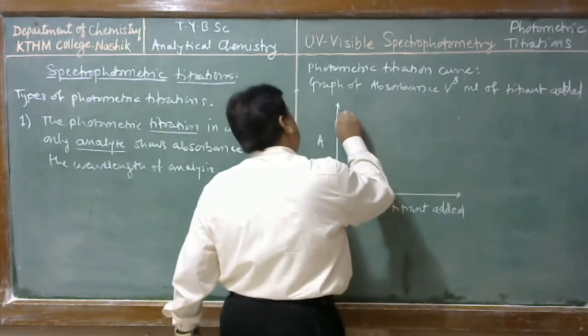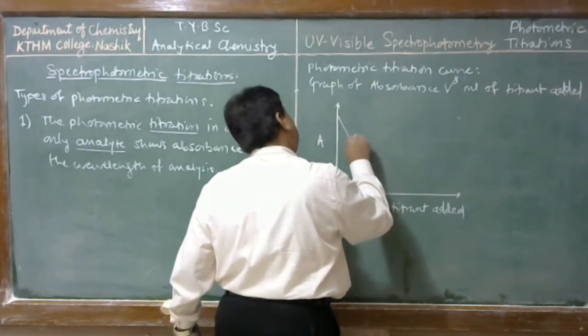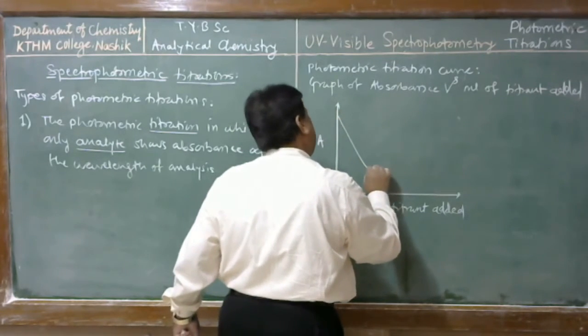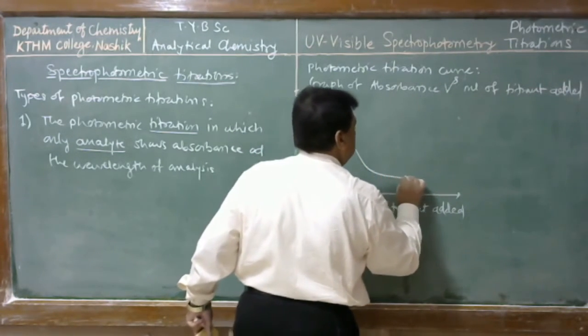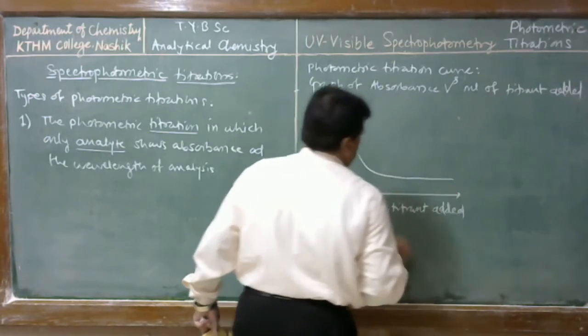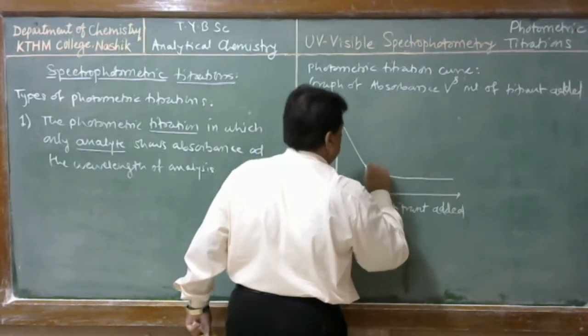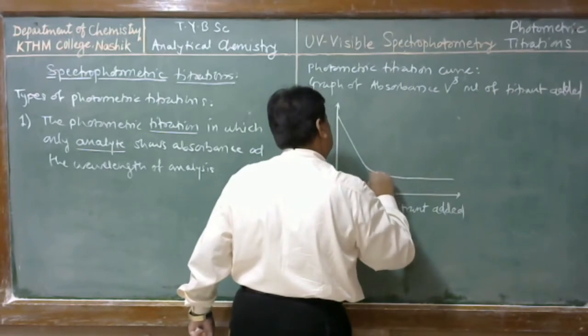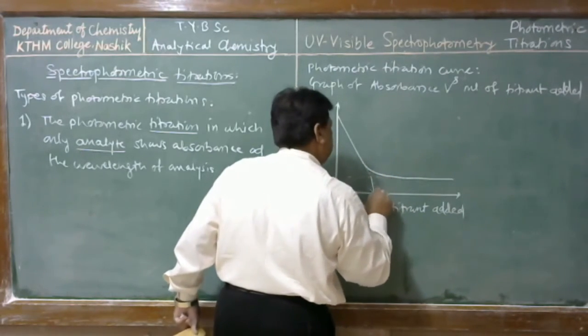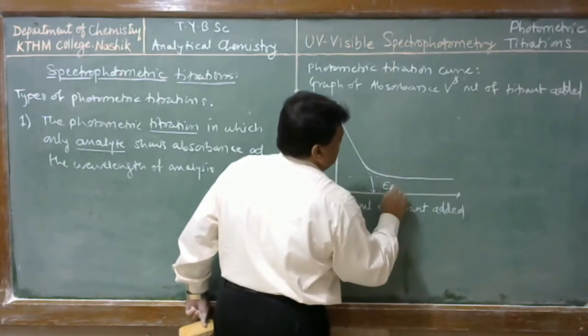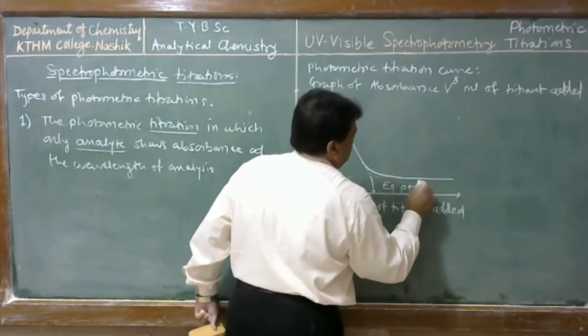Initially, the analyte shows absorbance at the wavelength of analysis. Therefore, absorbance decreases linearly and it becomes constant after the equivalence point. Therefore, we have two straight lines like this, intersecting at the equivalence point. This is the equivalence point.